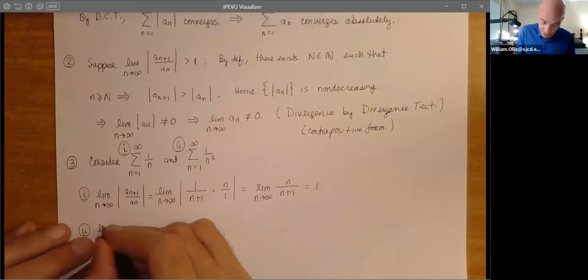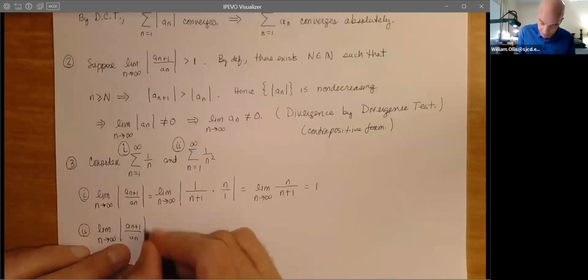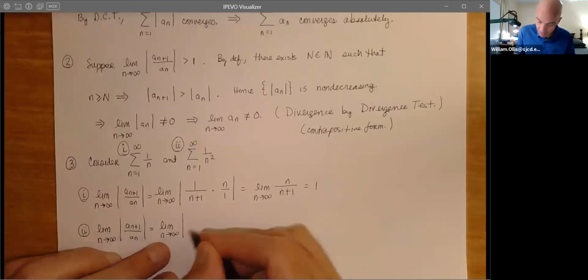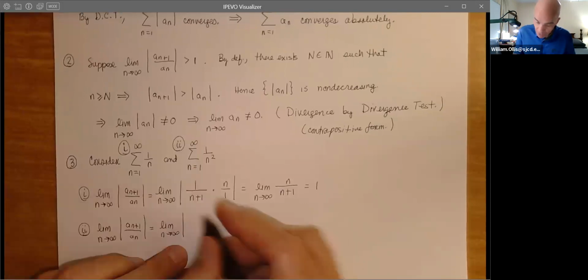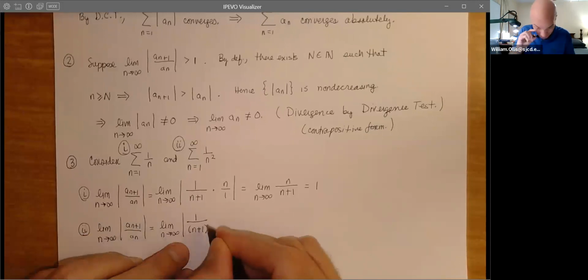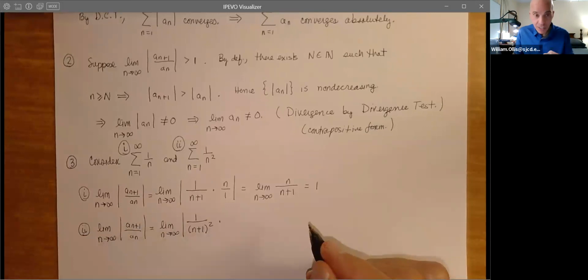Okay, well, let's look at 2. Let's look at the limit as n approaches infinity of a sub n plus 1 divided by a sub n. Now, of course, we'll replace n with n plus 1. So we get 1 over n plus 1 squared times, and then we divide by a sub n.